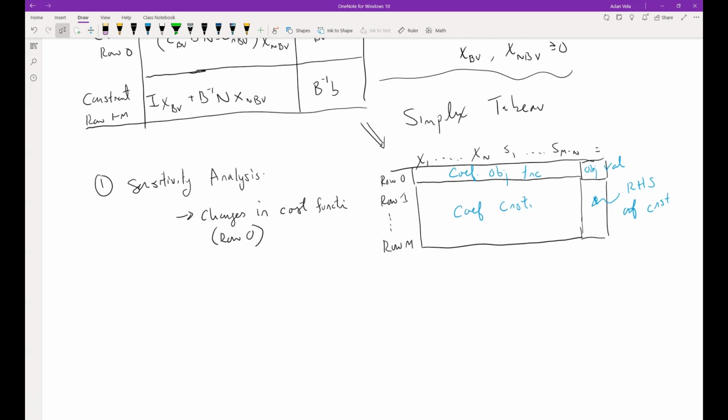The other place where we're going to observe changes to our problem and how they impact our formulation is in changes to the right-hand side of the constraints. The reason for this is our right-hand side constraint should always be positive.